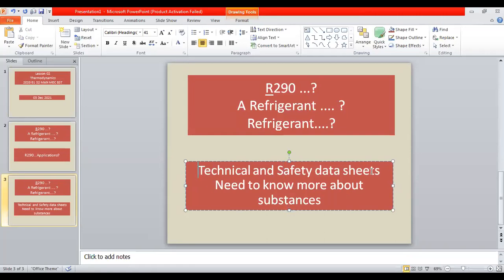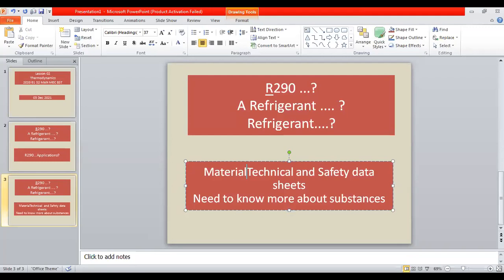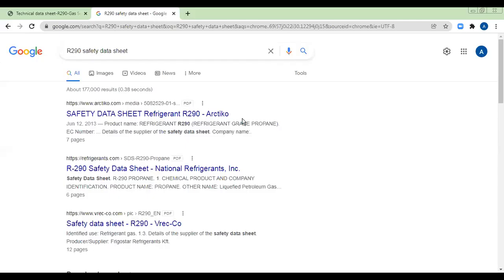There is another word here, material: material, technical and safety data sheets. Material in the sense here is R290. So we can open up.